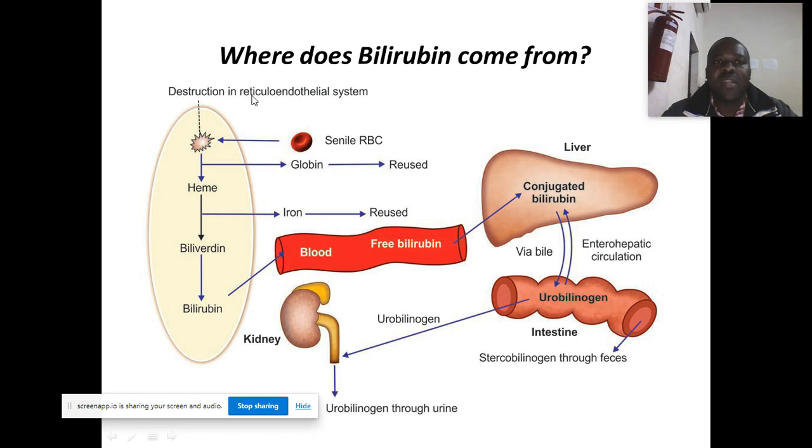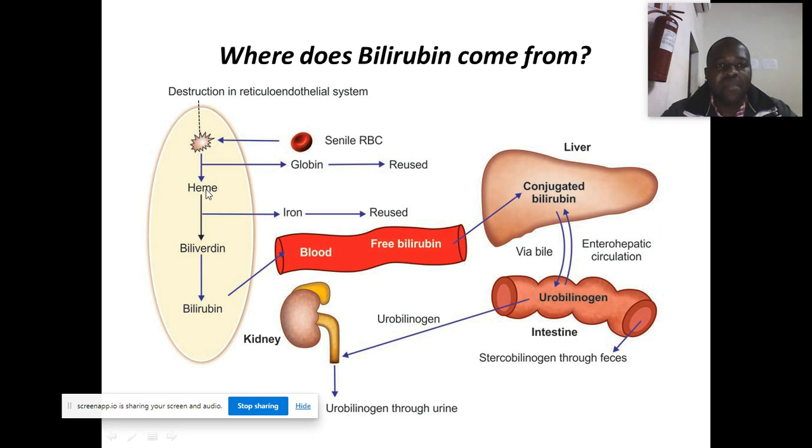There's what we call the reticuloendothelial system. They break down this red blood cell into heme and globin. The globin is protein. They are reused, in other words, to resynthesize hemoglobin.